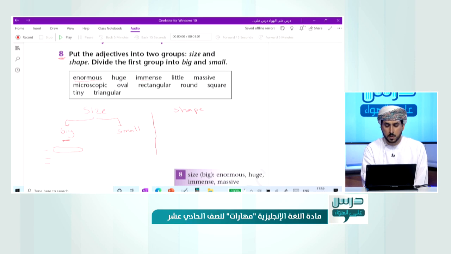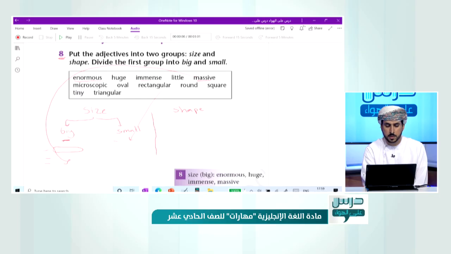What about little? Little is a small amount of something, so it belongs to this group. What about the word massive? Massive means big, so this one is also here.